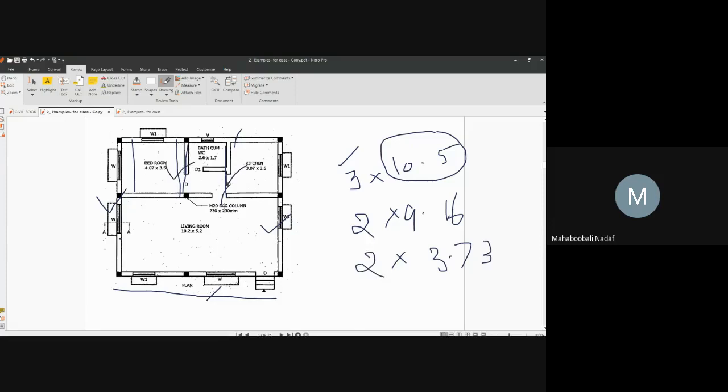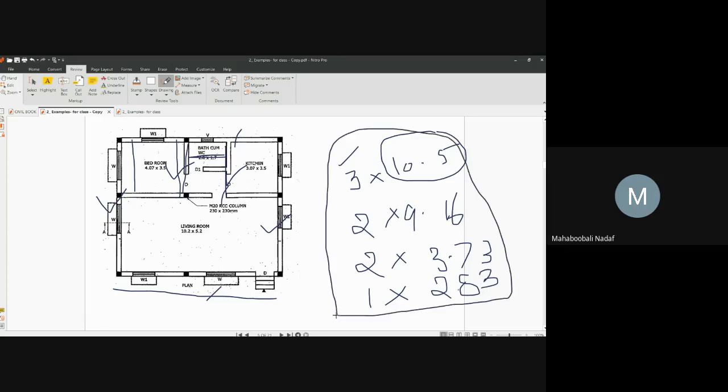And what is this? 2.6 plus 0.23 by 2 plus 0.23 by 2. 2.83. That is only one number. So you add all these things, you will get what? Center line, total center line length.